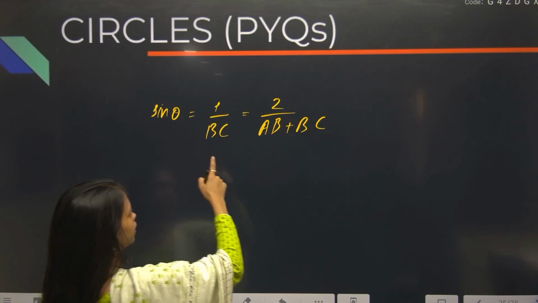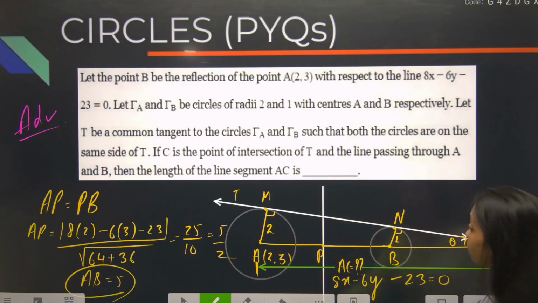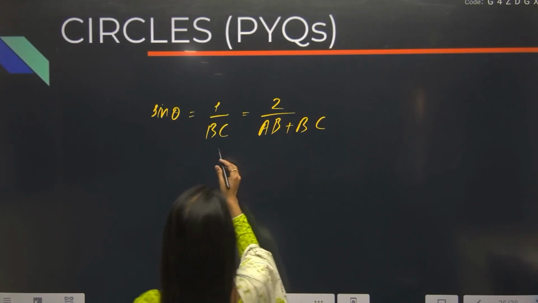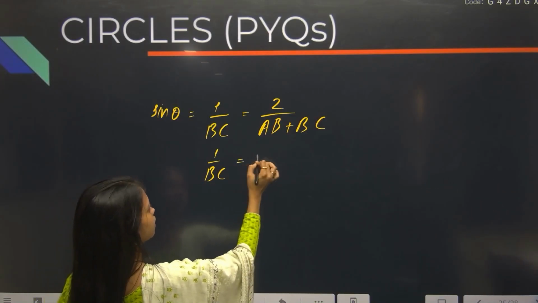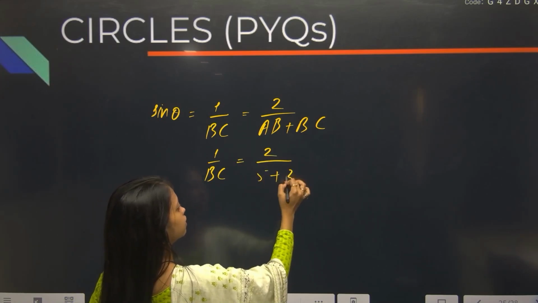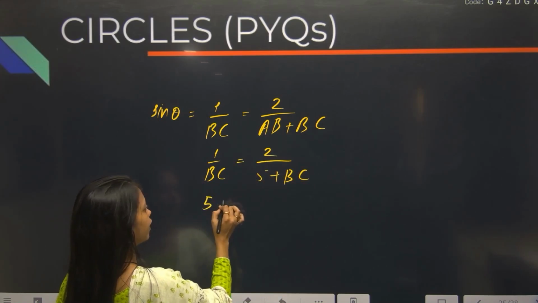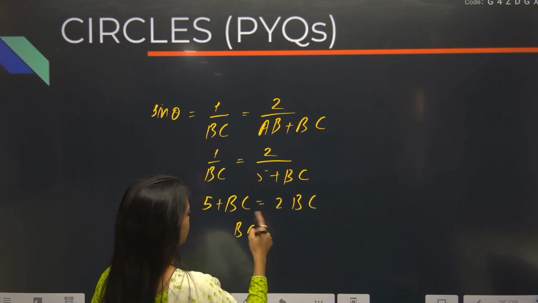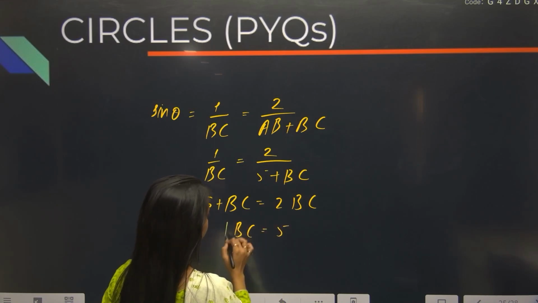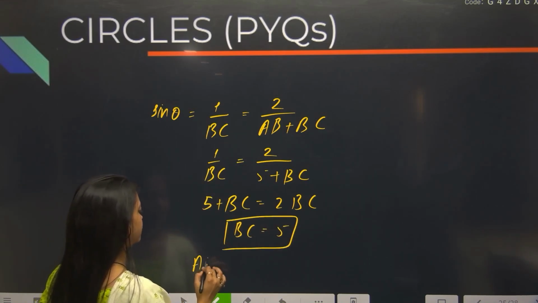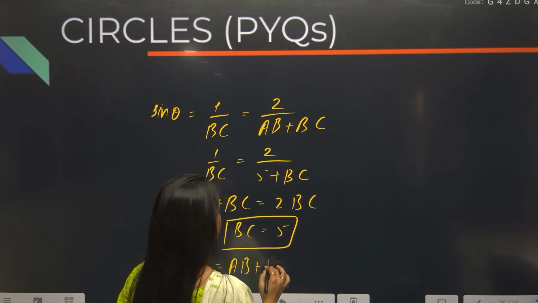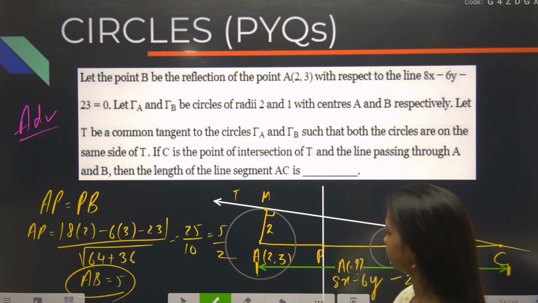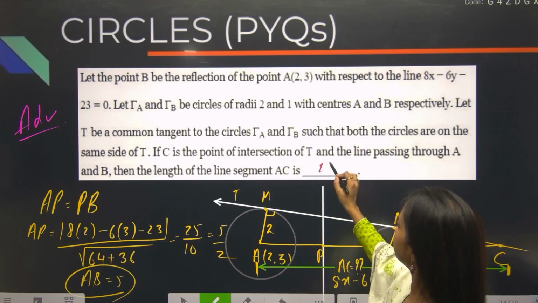AB is known to be 5. So 5 plus BC equals 2 BC. BC equals 5, and AC equals AB plus BC, 5 plus 5, 10. The answer is 10.